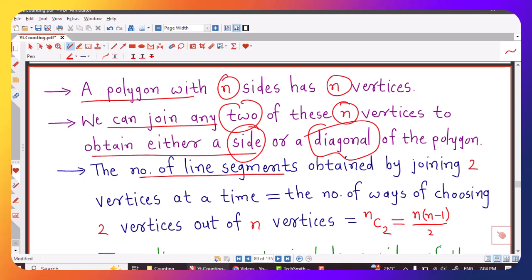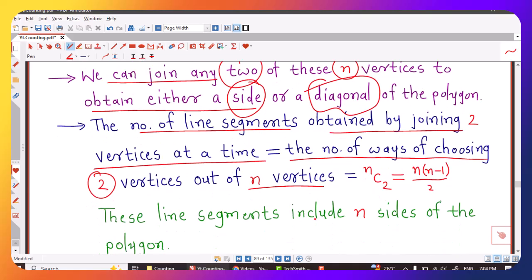Now the number of line segments obtained by joining two vertices at a time is equivalent to the number of ways of selecting two vertices out of n vertices, and that is equal to nC2, which turns out to be n times n minus 1 by 2. These are the total number of straight line segments which we can construct by joining two vertices out of the given n vertices, obtained by considering the number of combinations of two objects out of n objects.